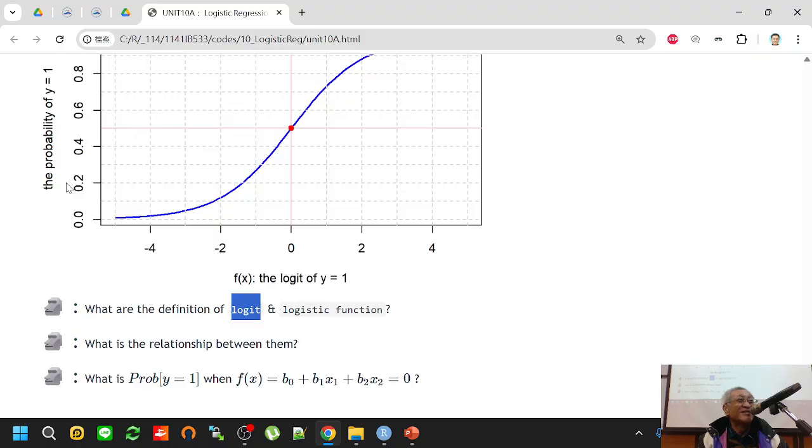That is their relationship. We use the logistic function to convert logit back to probability. So the last question is, when this thing equals 0, we already know that the probability will equal 0.5.